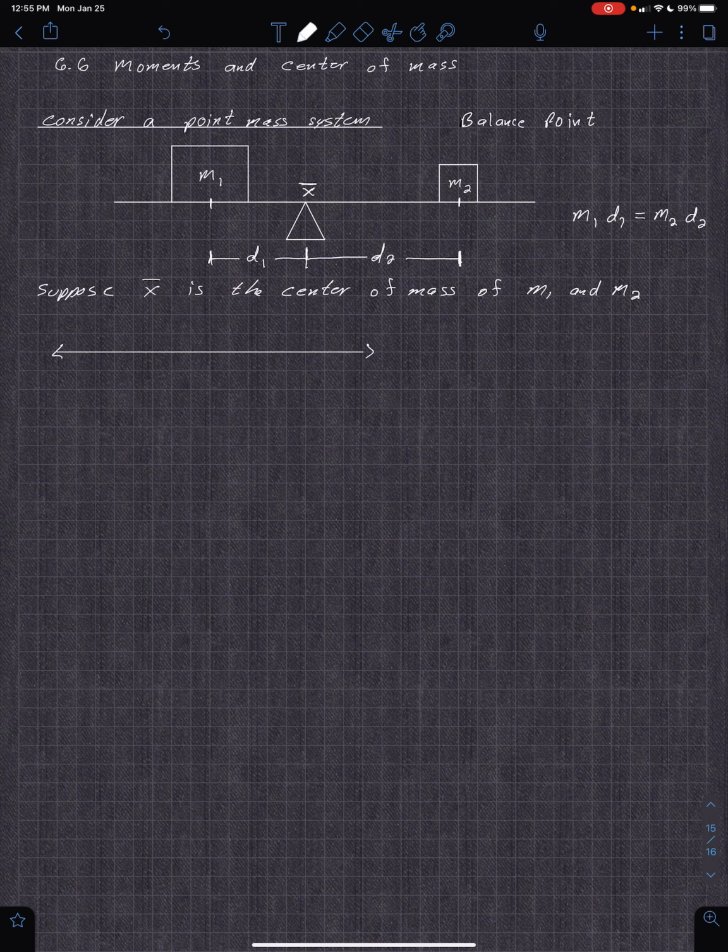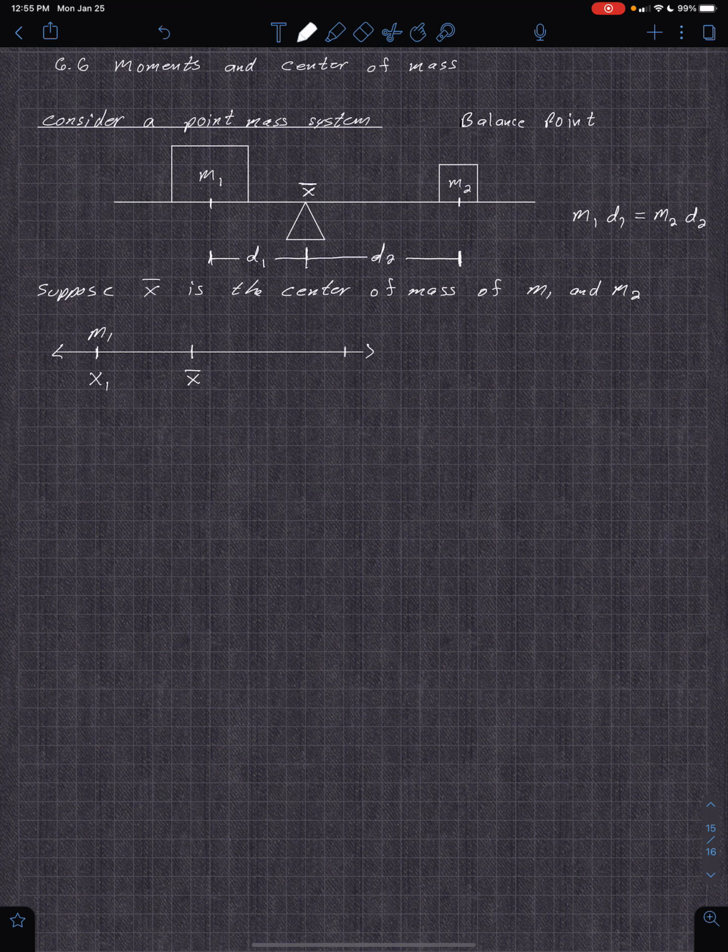This is just two masses. We're going to do like a continuous mass shape sort of thing. So we have that x bar is here and that it exists, basically. And then let's say that this value is your M1, and then the position would be X1.